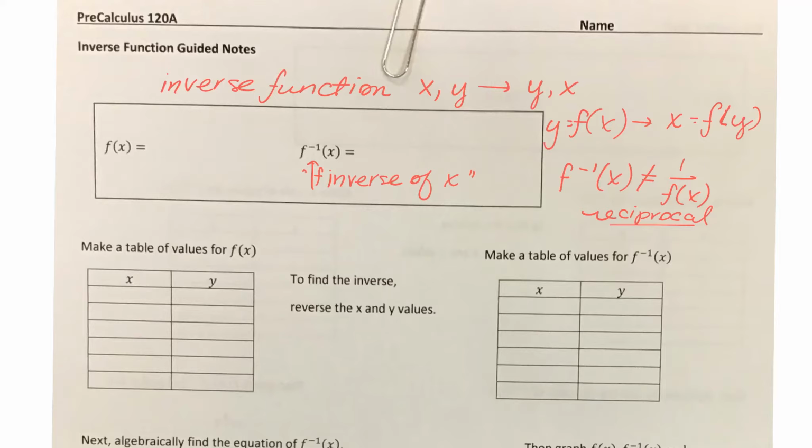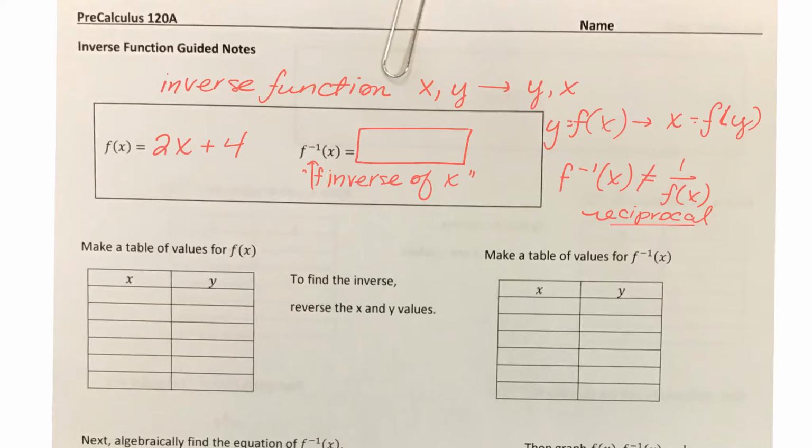So here's what we want to do. We're going to look at a really nice linear function. Our f of x, the original function we're going to start with, is 2x plus 4. Our goal is to find the inverse function of that. There's a few ways to do this, and we're going to leave finding that inverse function till the end.